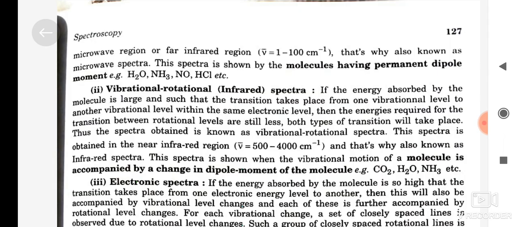These spectra are obtained in the near infrared region, v bar equal to 500 to 4000 cm^-1. That's why it is also known as infrared spectra. This spectra is shown when a vibrational motion of a molecule is accompanied by a change in dipole moment of the molecule. Example: CO2, water, ammonia, etc.